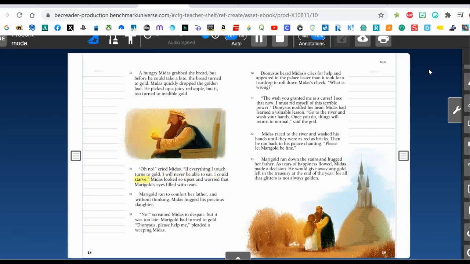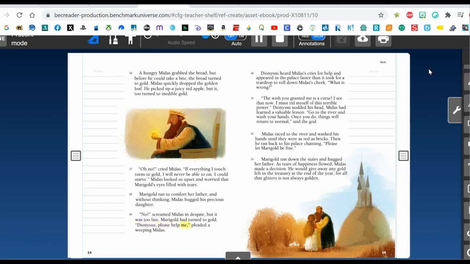I could starve." Midas looked so upset and worried that Marigold's eyes filled with tears. Marigold ran to comfort her father, and without thinking, Midas hugged his precious daughter. "No!" screamed Midas in despair, but it was too late. Marigold had turned to gold.